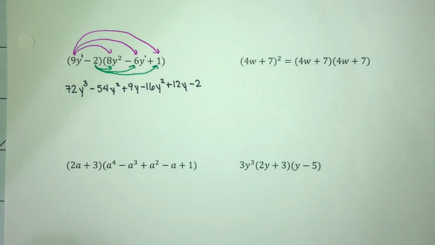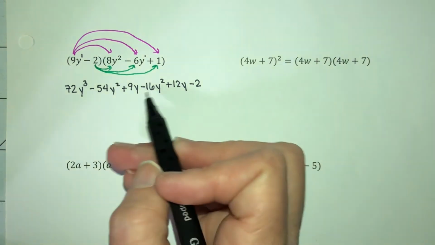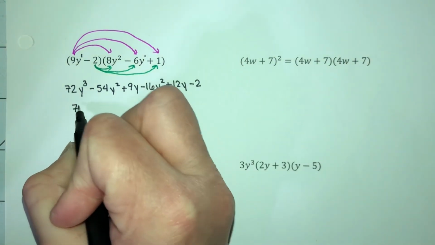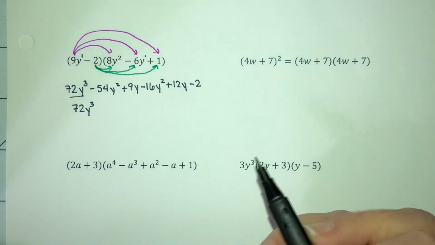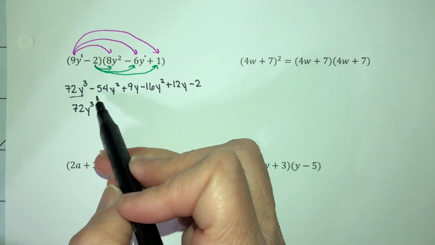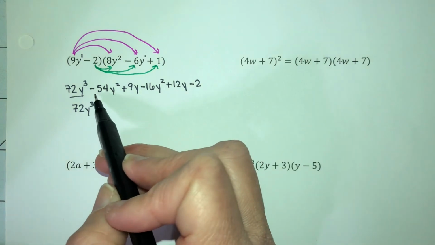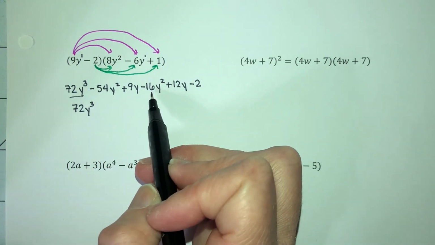Let's look for some like terms, making sure that we have things in the right order. We have 72y cubed. There's no other y cubed. So I've used that one. My next largest is the square, negative 54 minus 16.